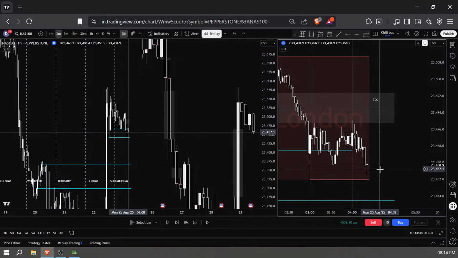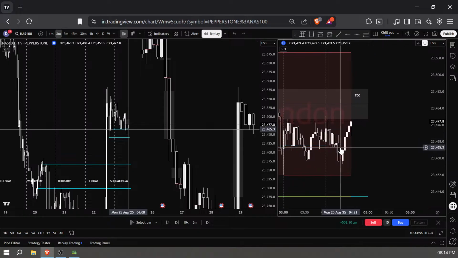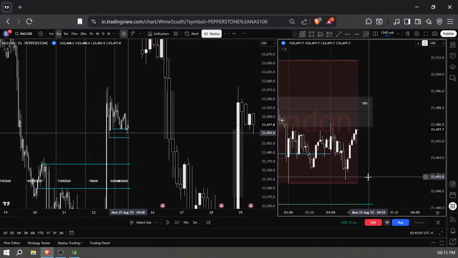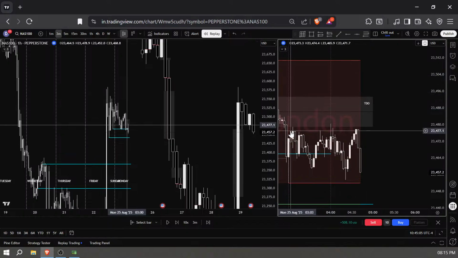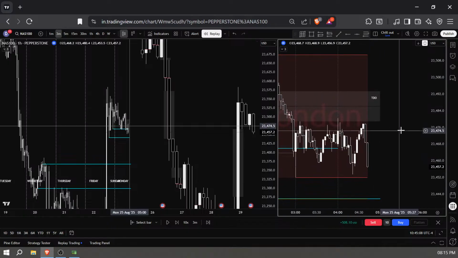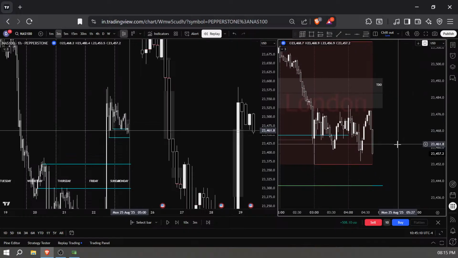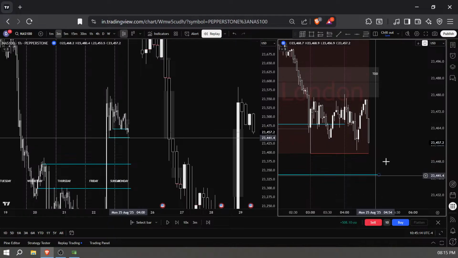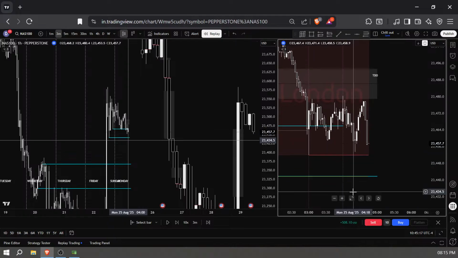Okay, something's going to happen, I guess, because around 4:30 we are having this move. Again, as I said, I want to close above this high. I don't want to go long anywhere in this area. It is also good if market takes this liquidity as well.